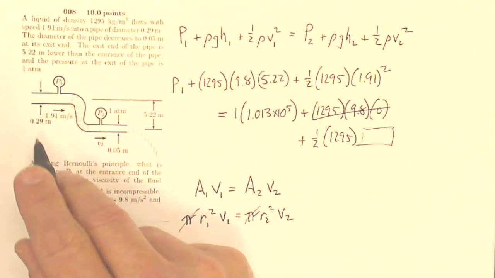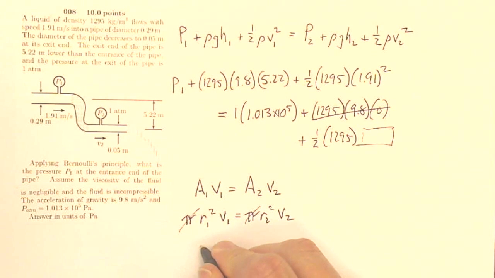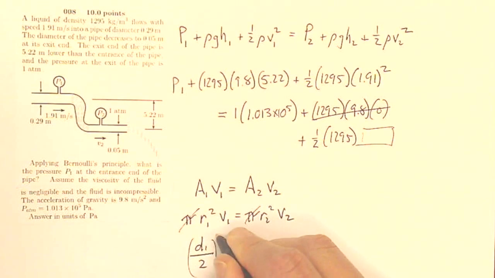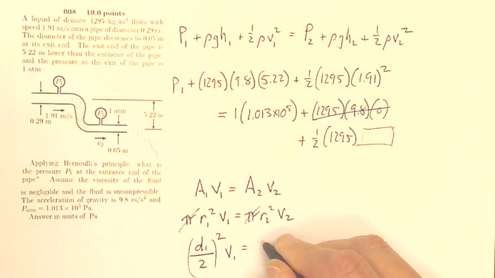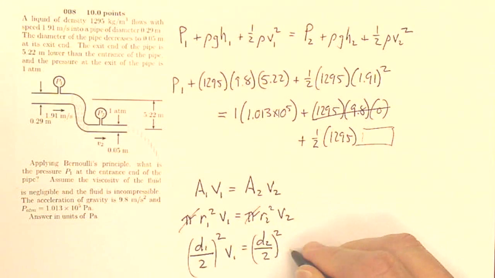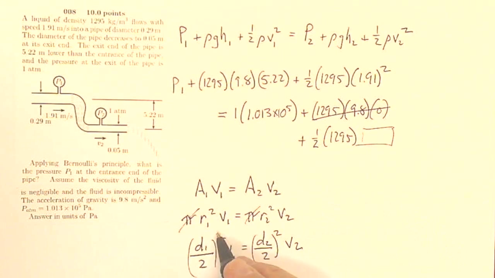Now my radius 1 is going to be half of my diameter, so this is (d1 over 2) squared times v1 equals (d2 over 2) squared times v2. Also I've got this divided by 2 squared on both sides, so this actually goes away. So I've got d1 squared v1 equals d2 squared v2.